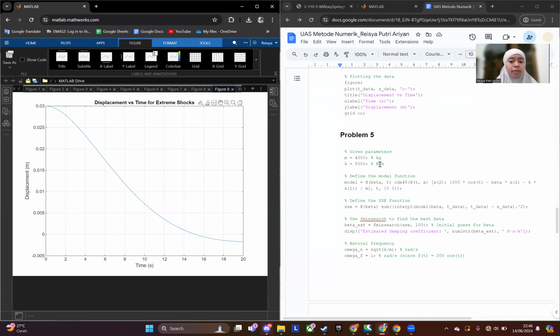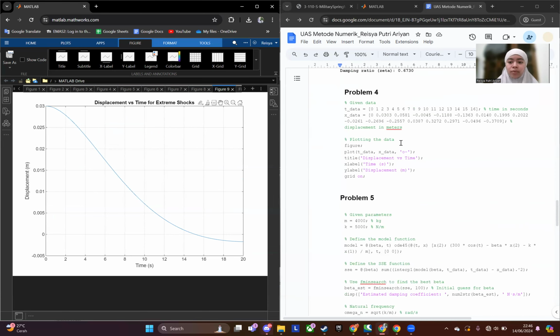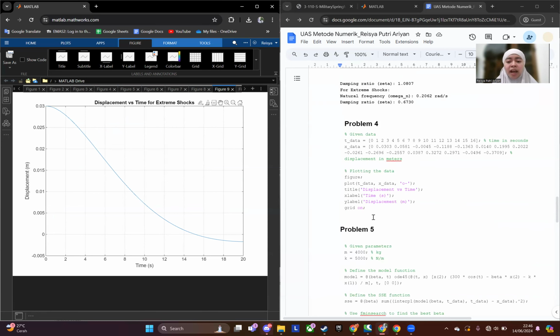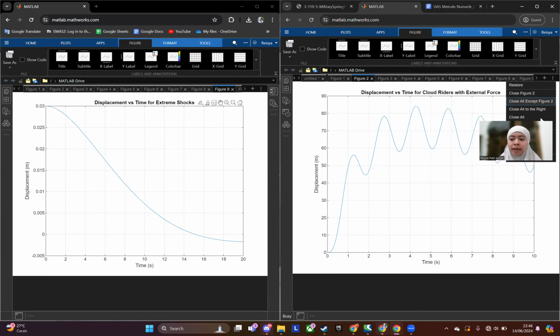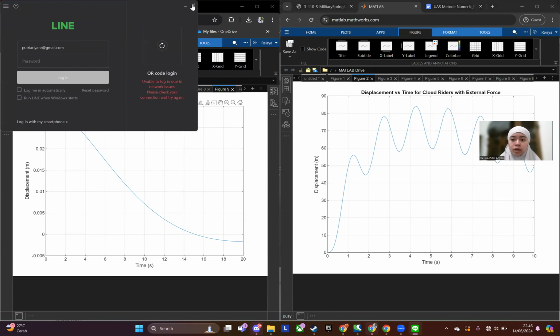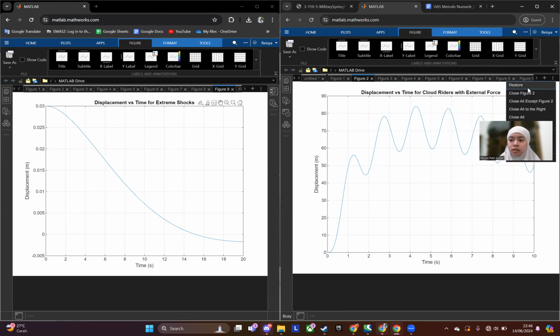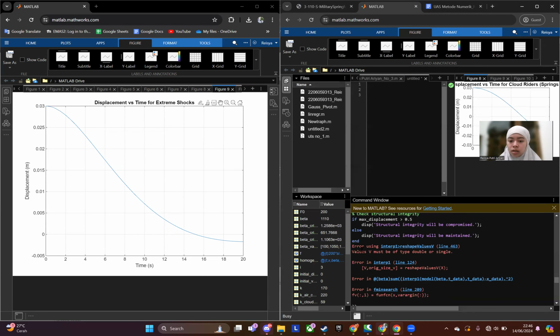And problem 4. For problem 4, I have a problem: in MATLAB I get an error, which we can see from this error.